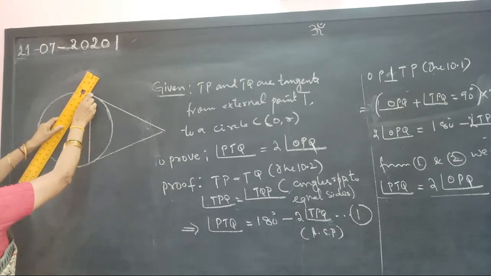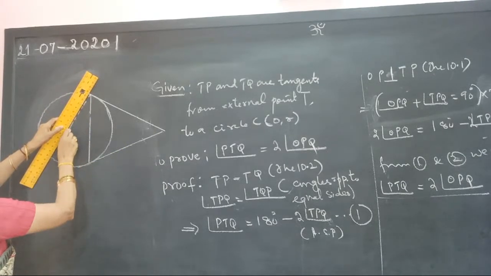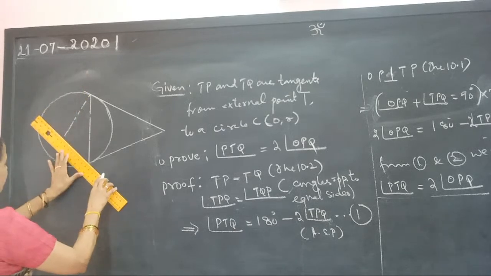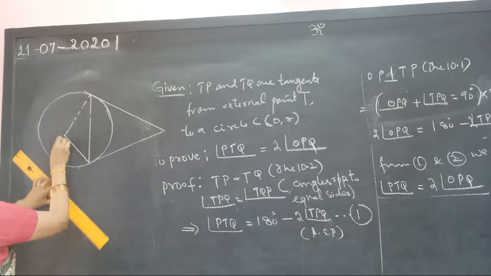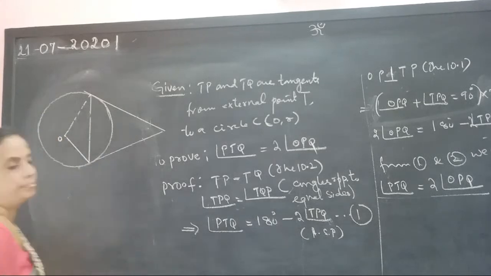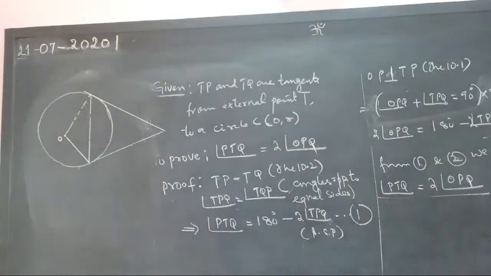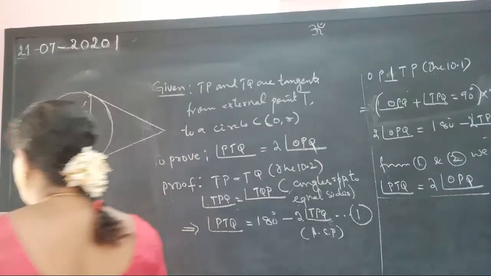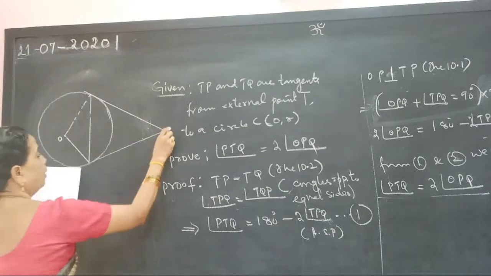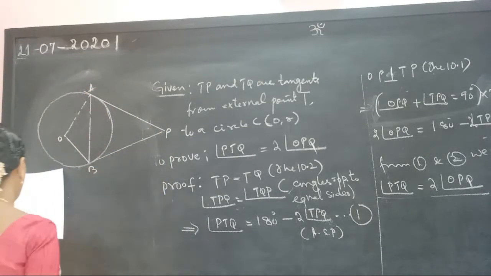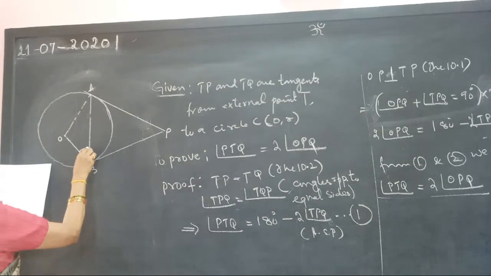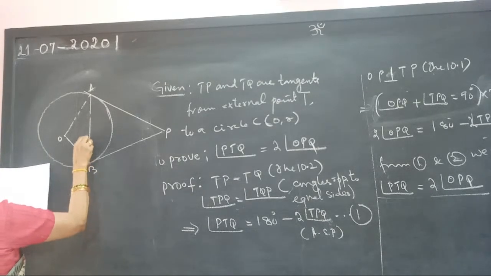The tangent points are joined to the center of the circle. Okay. Now we have PA, PB, and this measures 110 degrees.